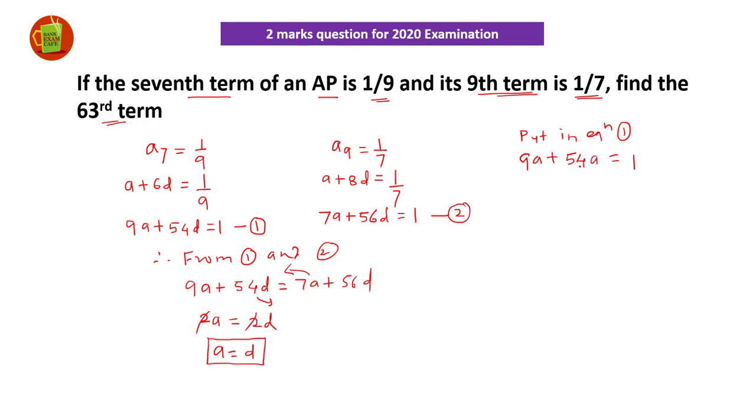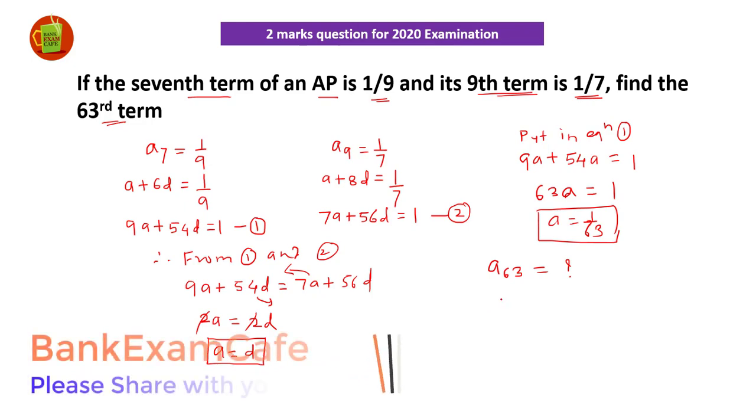So 9A plus 54A, that will be 63A, which is equal to 1, and so A is equal to 1 by 63. And since A is equal to 1 by 63, now we can find the 63rd term because A and D are equal. So the 63rd term A63, that we have to find.